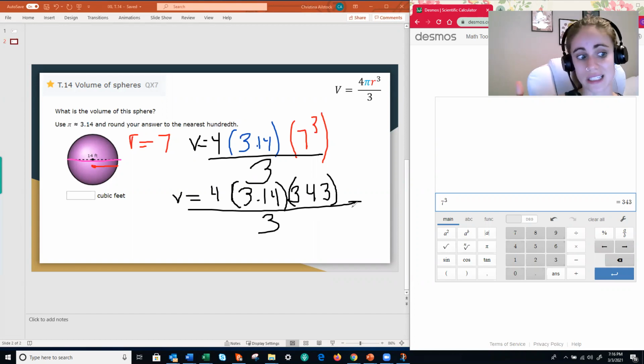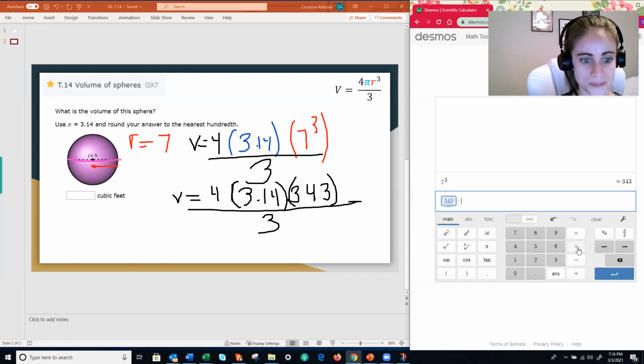So next, let's keep simplifying. We're kind of going back to that grouping symbol phase because our fraction bars are grouping symbols. So we got to simplify that numerator. We got to do that multiplication straight across. And once again, you can do it in any order. So if you want to take a little shortcut and do a little less typing, you can take that answer and just enter in your values backwards.